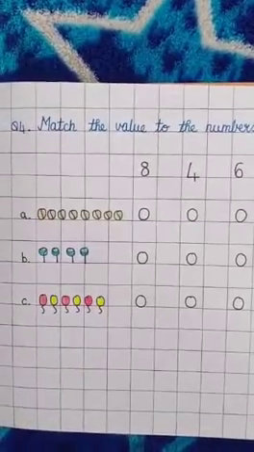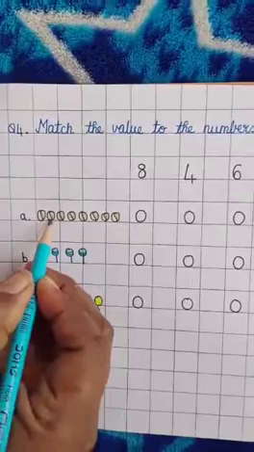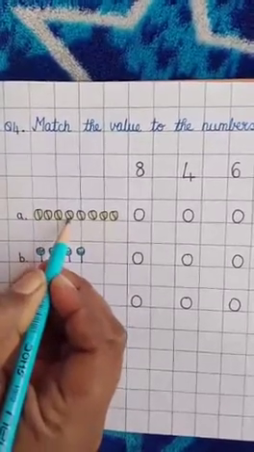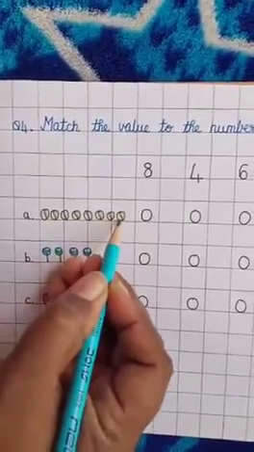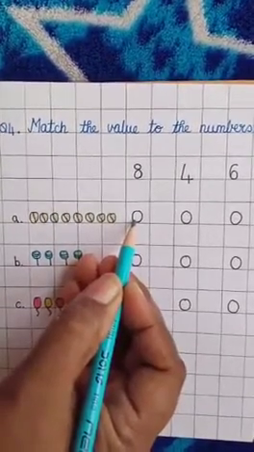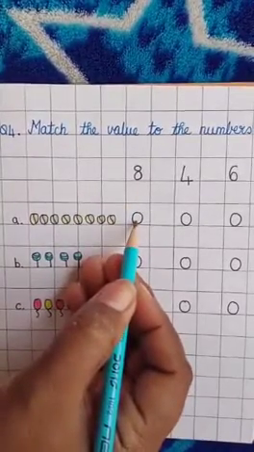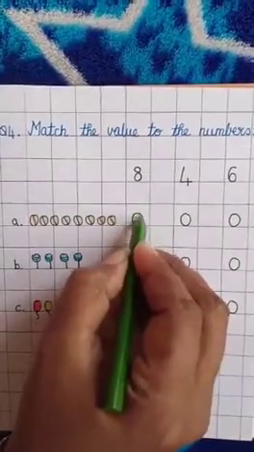Let's count. I'll take my pencil for this. 1, 2, 3, 4, 5, 6, 7, 8. Now where is 8, children? Here, right? This is the option for 8. So I'm going to color here.